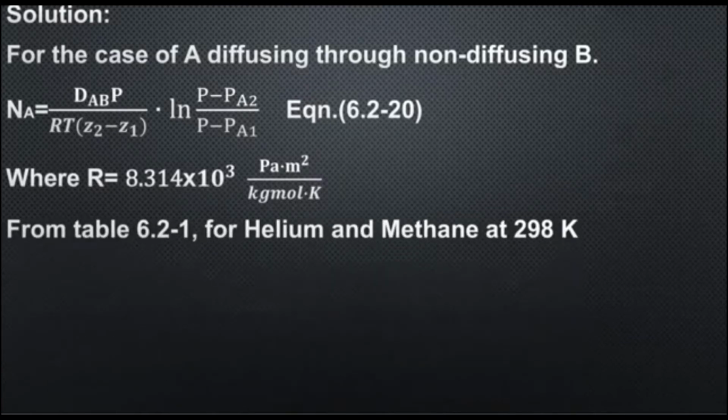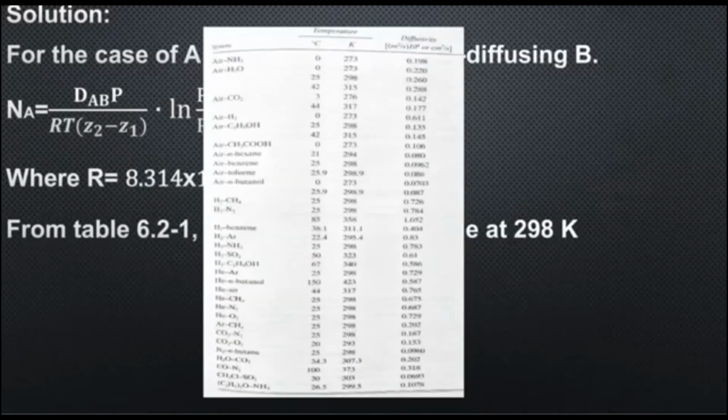And from table 6.2-1, for helium and methane at 298 Kelvin, we are able to find the value for the diffusivity, which is 0.675 times 10 to the negative 4 meters squared per second.